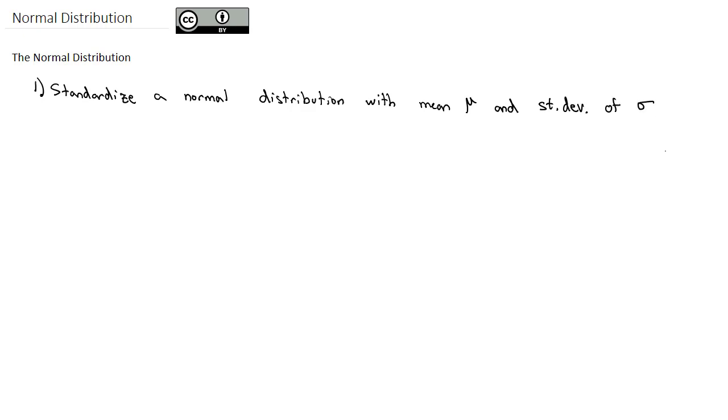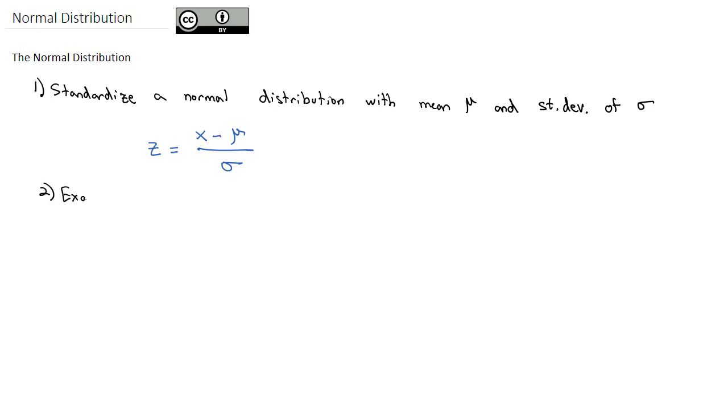So the mean's something different, the standard deviation is something different, but it is still a normal distribution. It still has that curve to it. The way we can standardize it is with the familiar formula we have for z-scores, that we take the value that we're interested in, subtract the mean, and divide by the standard deviation.